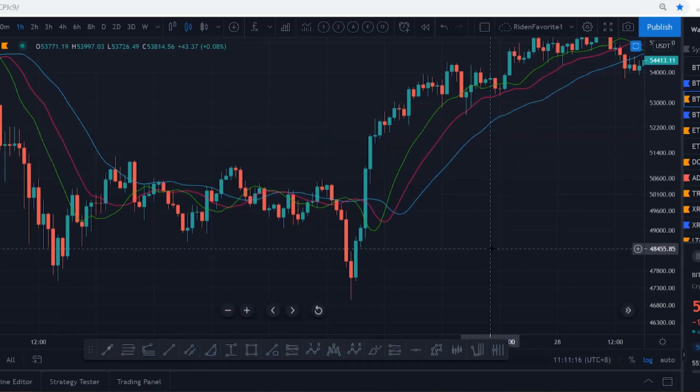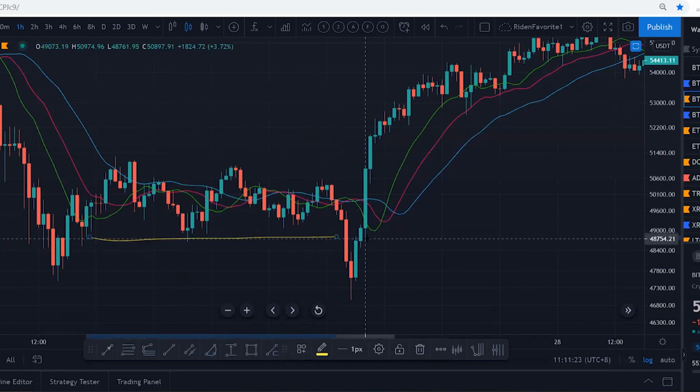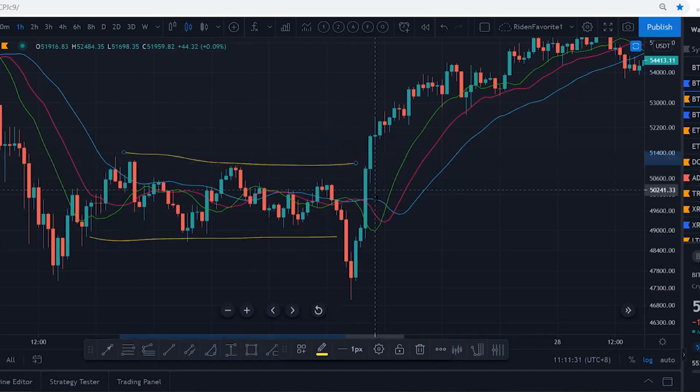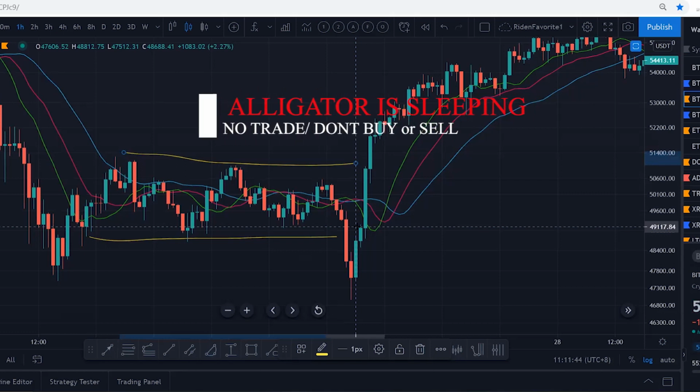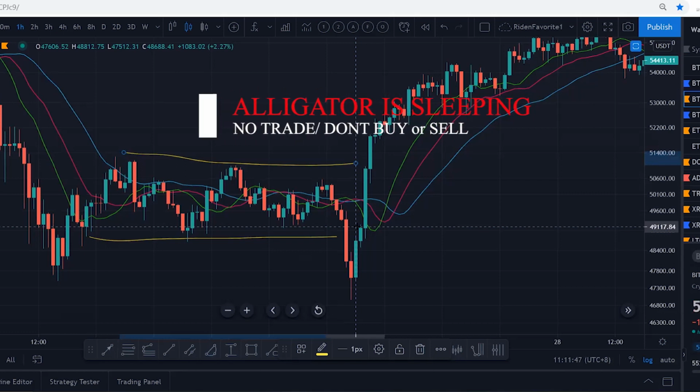The sign of a sleeping alligator is when the 3 lines are close to each other. You can see in this picture, they are close to each other. This of course translates to low volatility, and trading should be avoided during this period. It means the alligator is sleeping, the lines are close to each other, and the teeth and jaws are not in action, so this is not the time to trend.